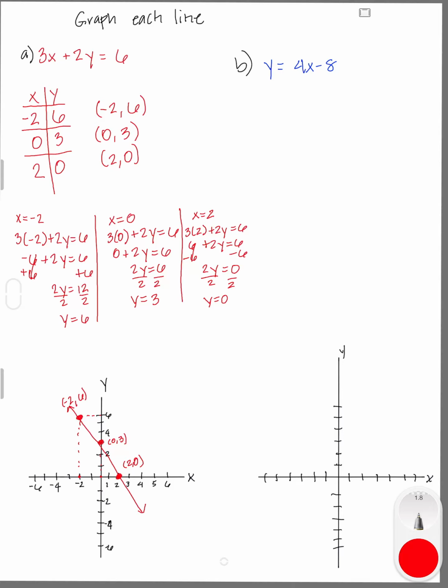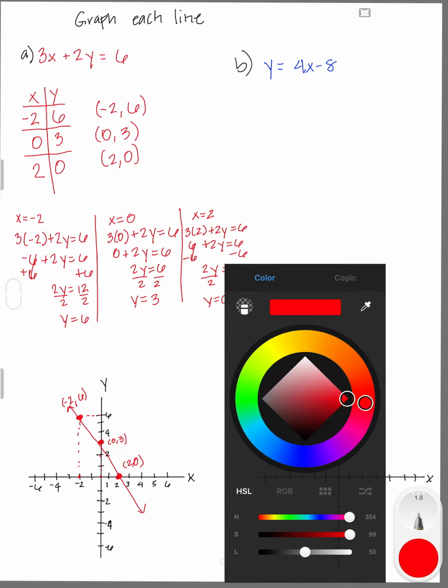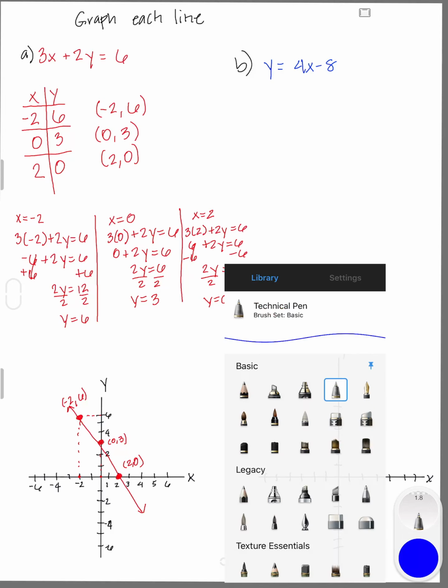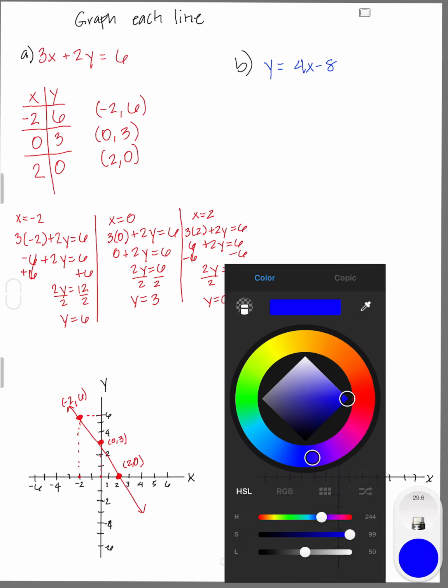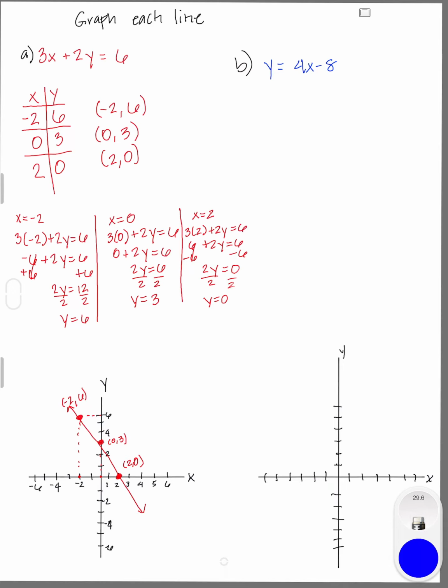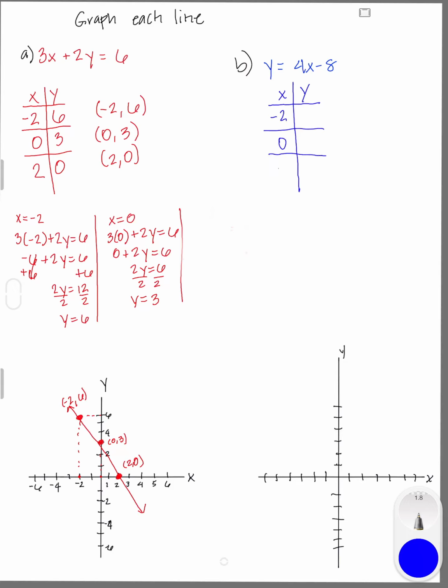Now let's work on the next equation. I'm going to erase this part just so we can have a little bit more space. Again, we create a table of values, and I'm going to use the same values for x: x equals -2, 0, and 2.